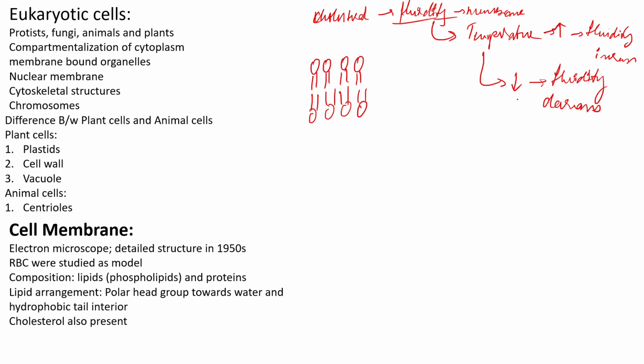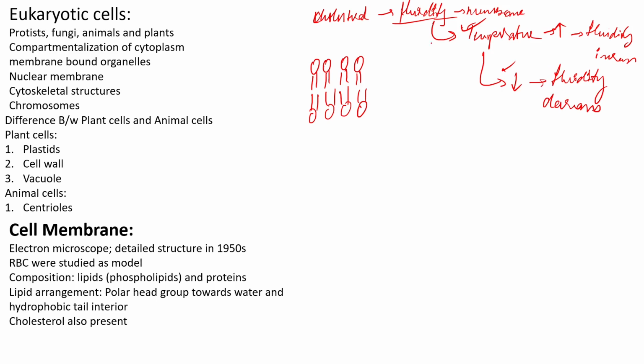So if the fluidity is increasing, one of the reasons may be an increase in temperature. If the fluidity is decreasing, then one of the reasons is that the temperature is decreasing. These are some of the important points.